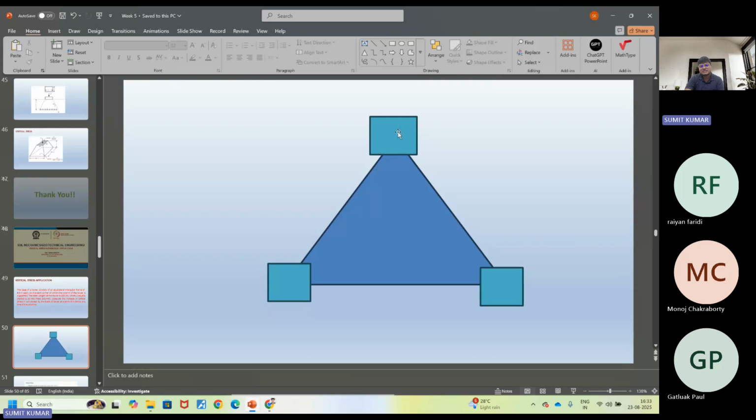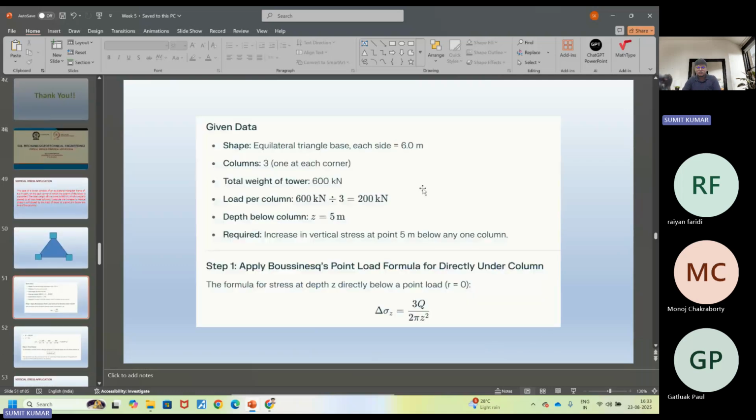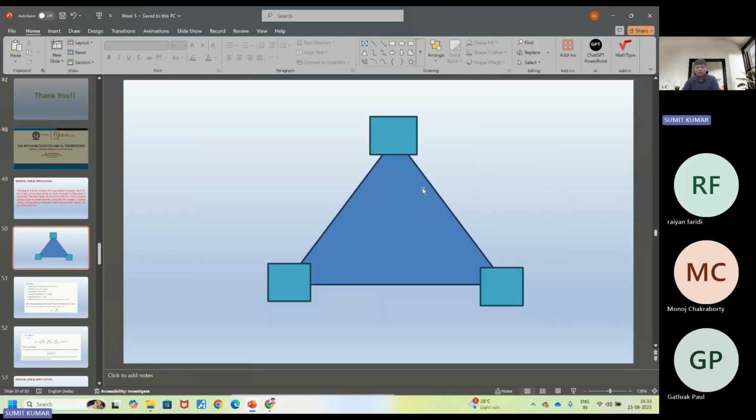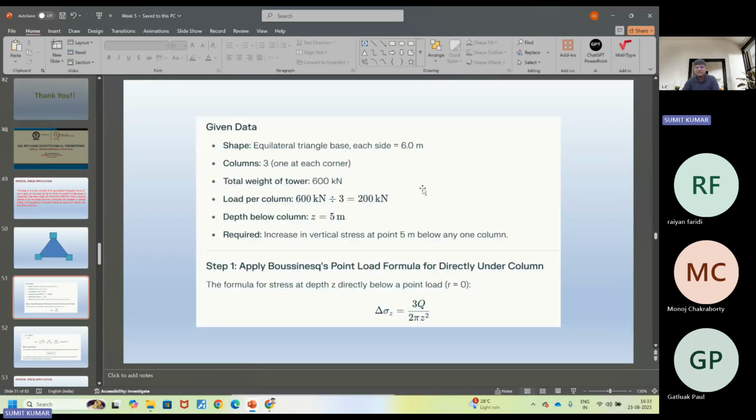Afterwards, we are interested in calculating the stress impact below this due to this load of 200 kilonewton and this load of 200 kilonewton. In that case, the value of r also needs to be calculated. So that value of r is going to be 6 meter only, and z is already known as 5 meter.